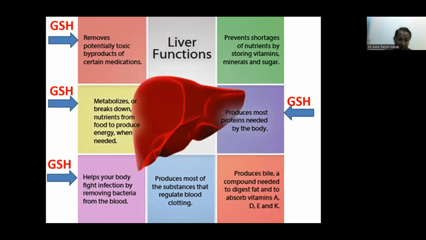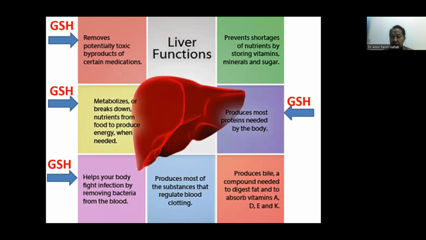The metabolism of breaking down nutrients from food to produce energy when needed also requires glutathione. To fight infection, to counter bacteria that's in the blood, requires a strong immune system. Protecting the liver itself requires glutathione. The production of proteins in the liver requires glutathione.